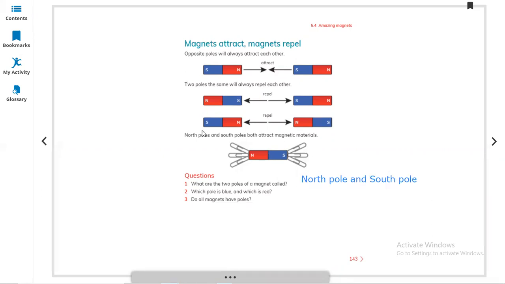Mostly the north pole is red, as you can see above. North pole is red and the south pole is blue.